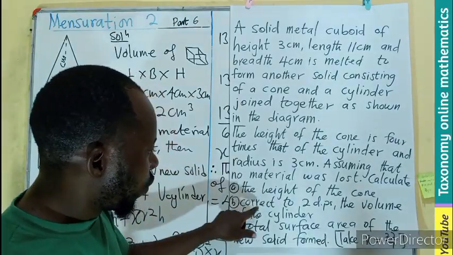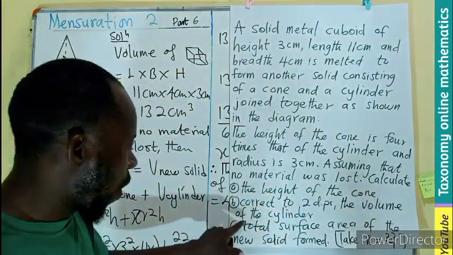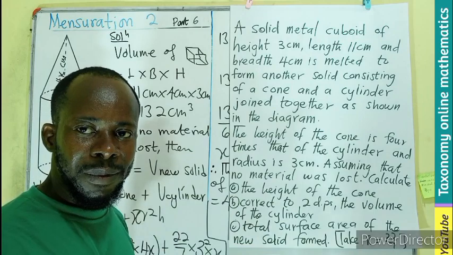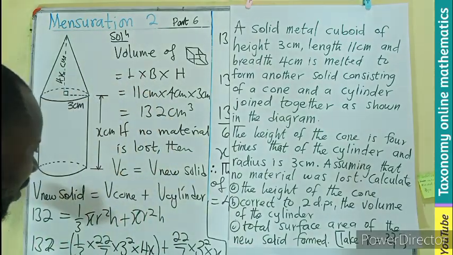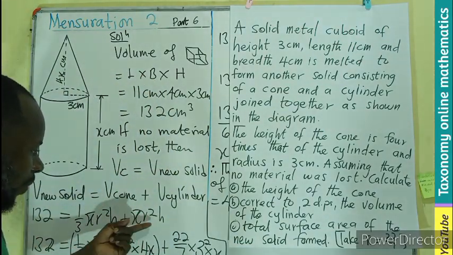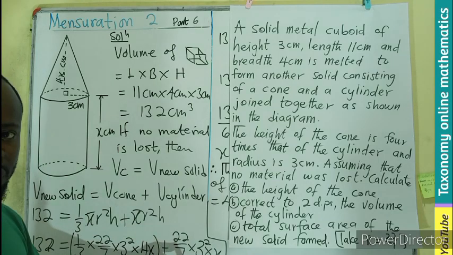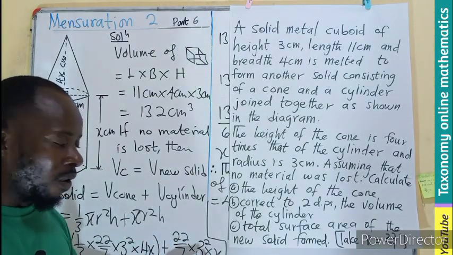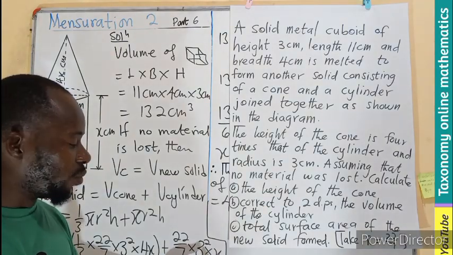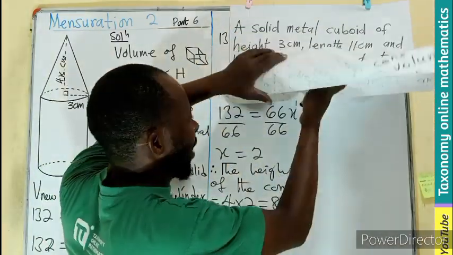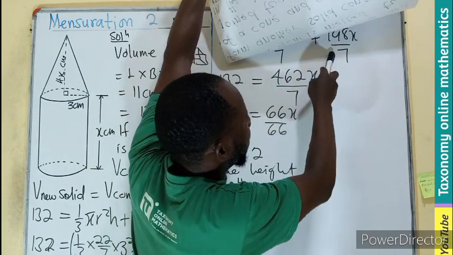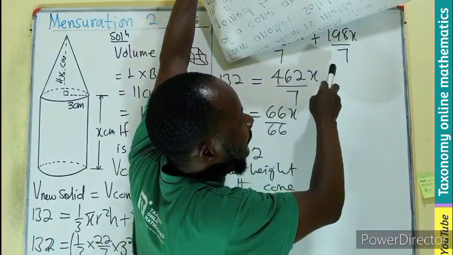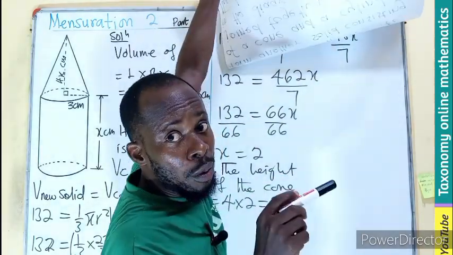Then number 2, we are to find the volume of the cylinder. To find the volume of the cylinder, we are coming back to the same place. I will only do substitution in this case, whereby the value of x is going to be 2. So right here, 198x over 7, that is the volume of the cylinder.